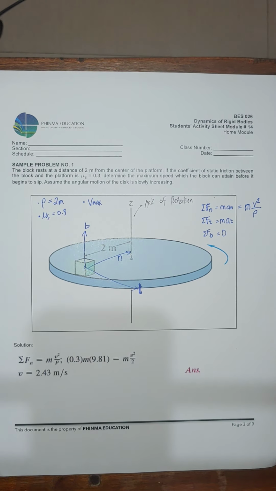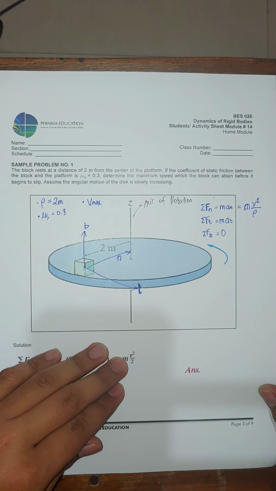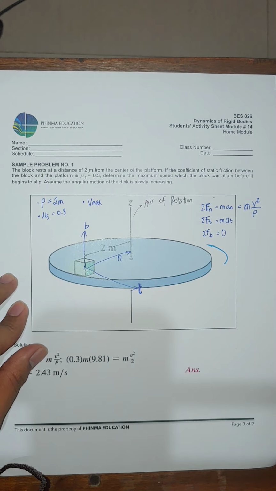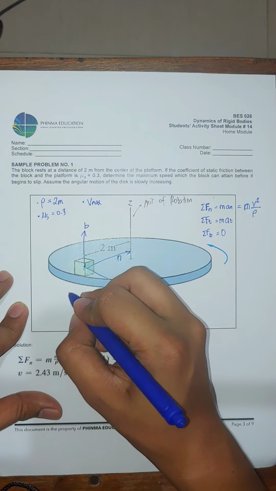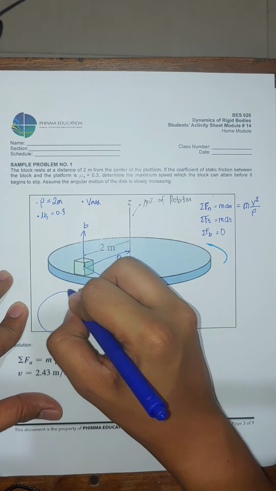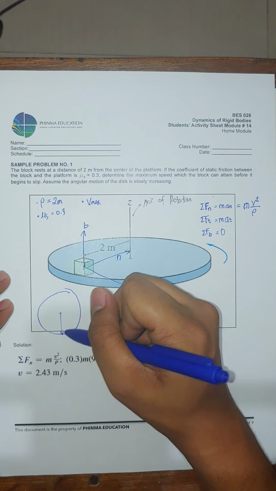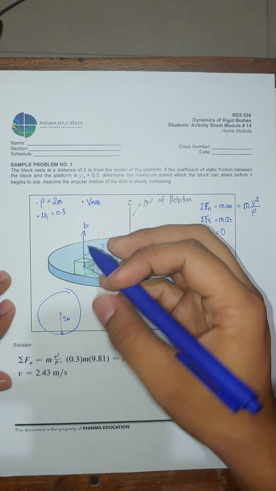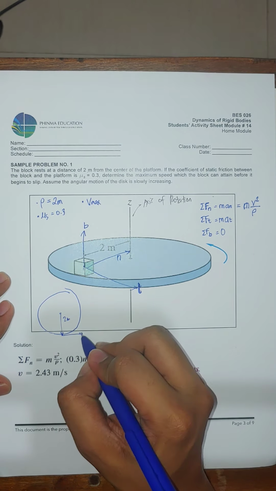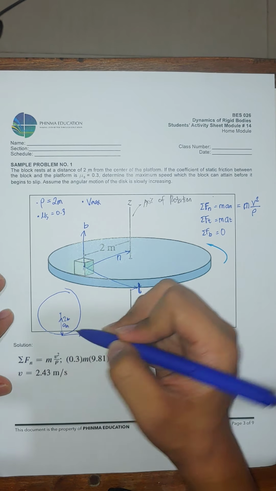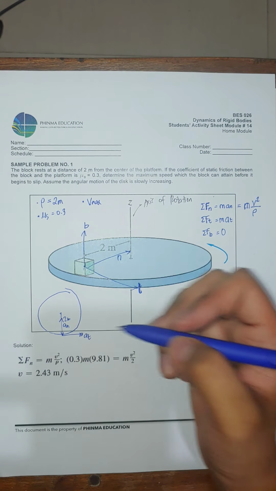So what do we use to analyze the motion of this object? If we look at the top view, this is the path of the object, a horizontal motion, with a radius of 2 meters, and we have the object here. We have the tangential acceleration on that side, and the normal acceleration on that side.